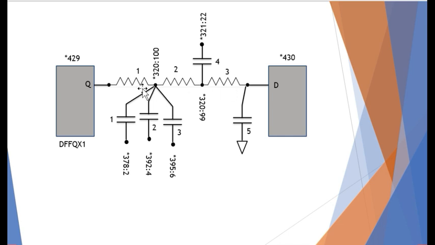If you can see, these are the different nodes of this particular net, and the resistance between this particular node and this particular node is represented by this number 1. This is the first resistance value. Then the resistance between this particular node and this particular node is represented by this, and similarly like this.